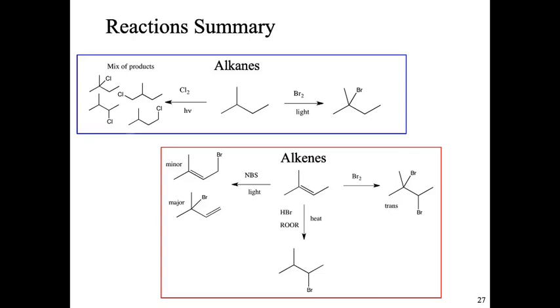Size. Which means the chlorine radical is less stable. Which means what's it going to do? React as fast as humanly possible. Which means you get a bunch of different products. Because the bromine radical is more stable, it will spend the time to isolate and make one particular product.